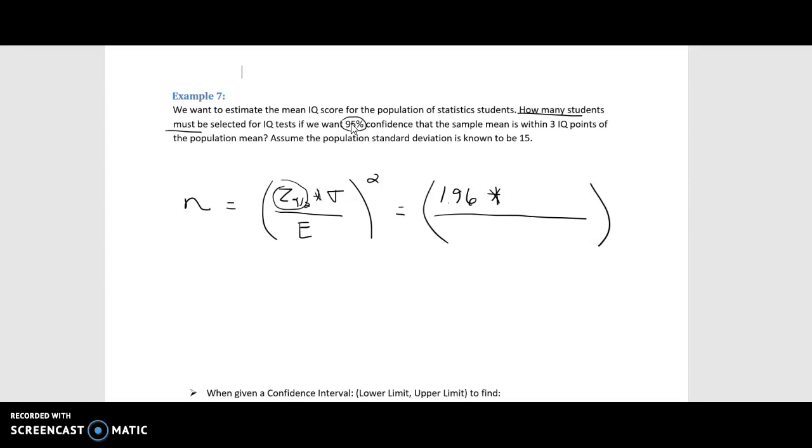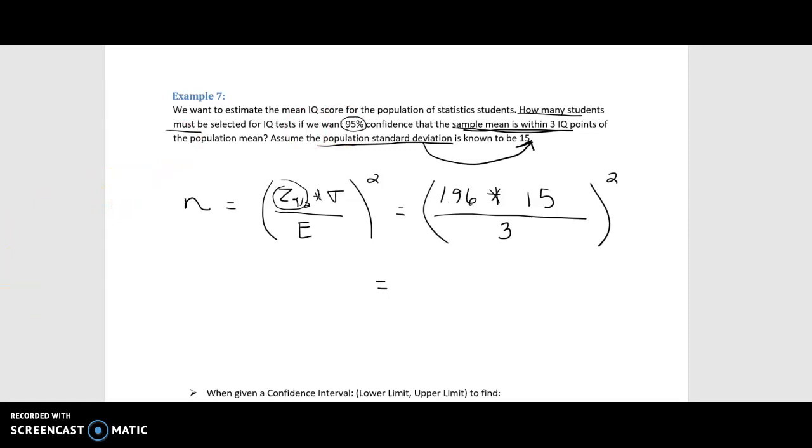Your sigma, the population standard deviation, is known to be 15, so that's sigma. And you want your sample mean to be within 3 IQ points of the population mean. That is your margin of error. And you have to square all of this.